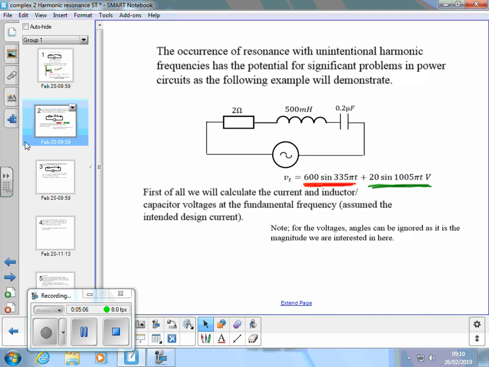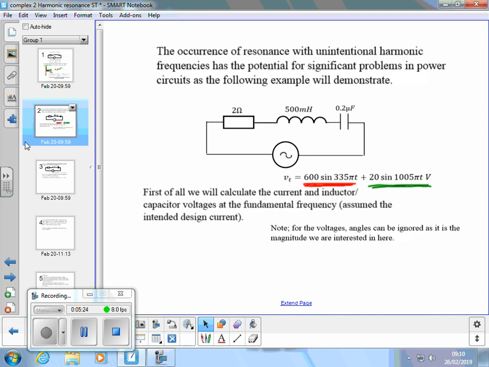So we're going to find out what the current is at the intended frequency, and then we're going to find out currents and voltages at the third harmonic. See the difference.